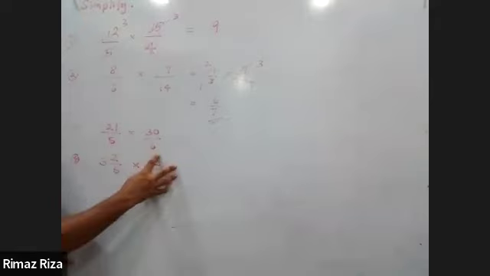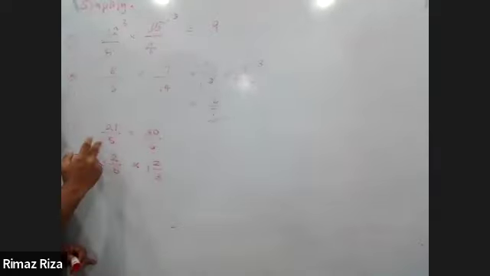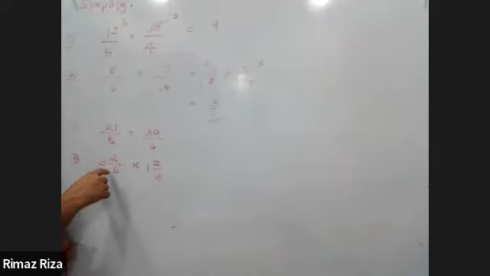So in such questions, first we have to convert the mixed number to the improper fraction. First you have to convert to the improper fractions, and then you can do the multiply.